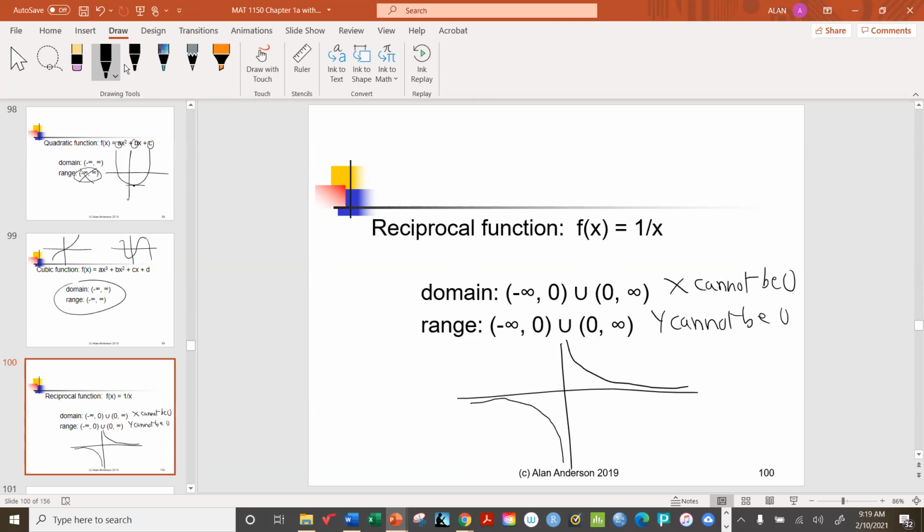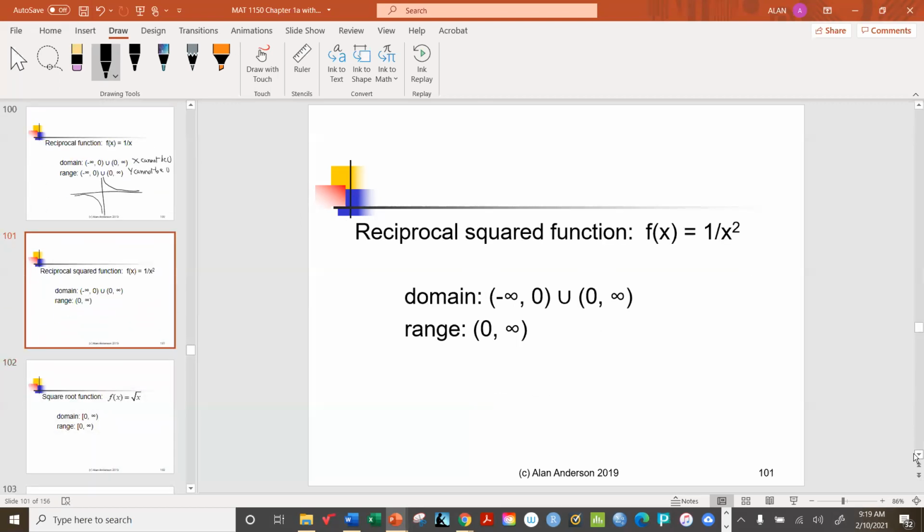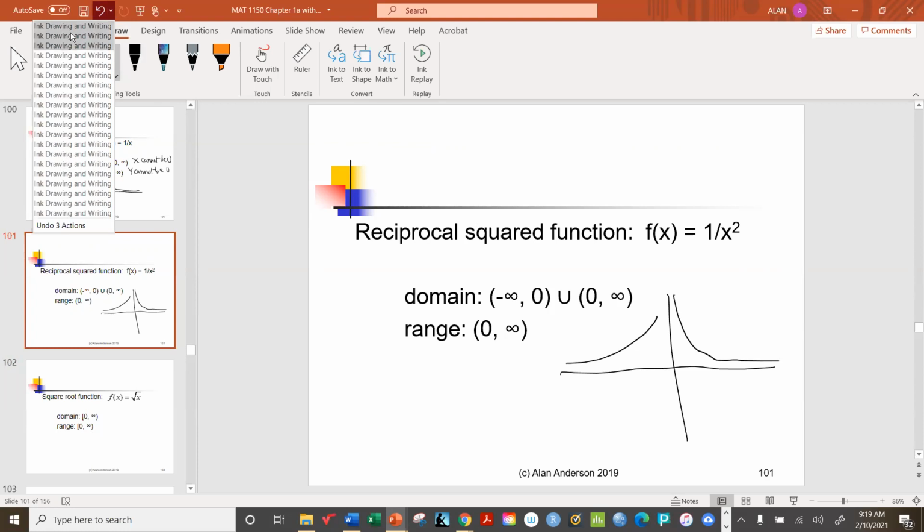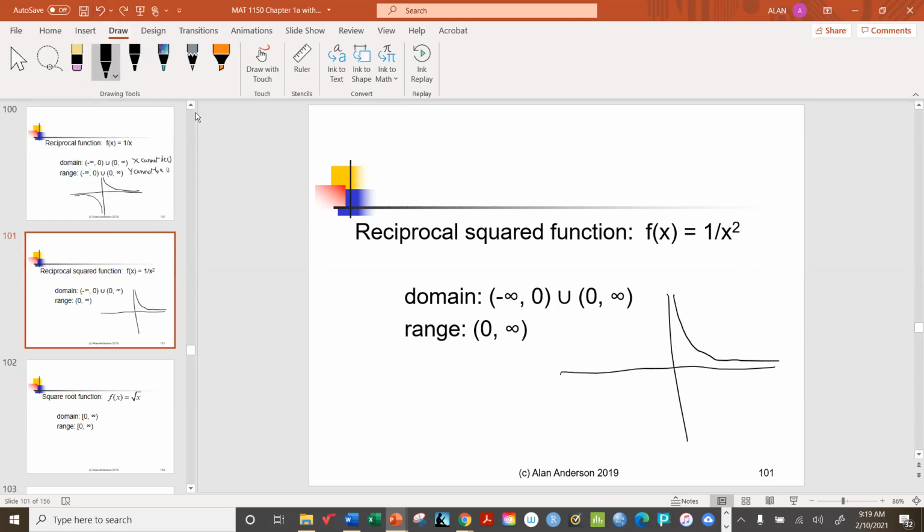All right, so how about 1 over x squared? It was similar, but not quite, because here the y's are restricted to positive values. Okay, that was this case. And so you can see that once again, x cannot be 0.